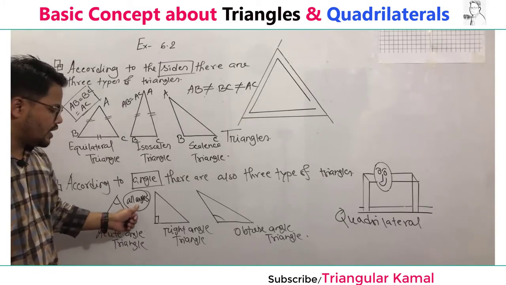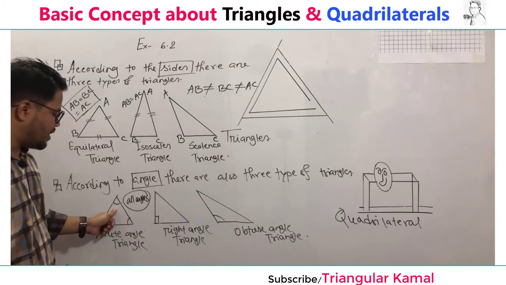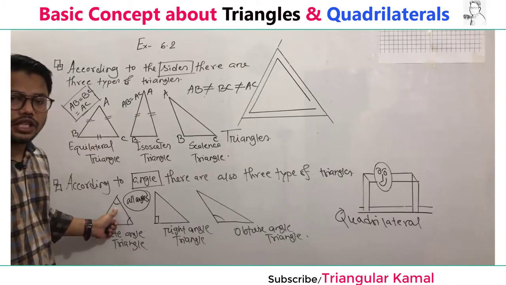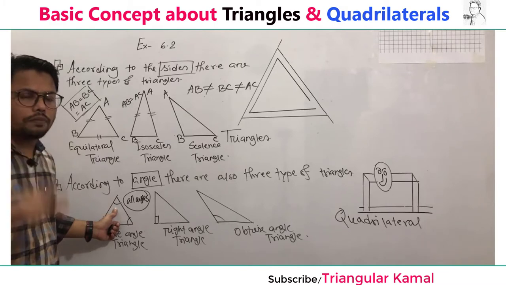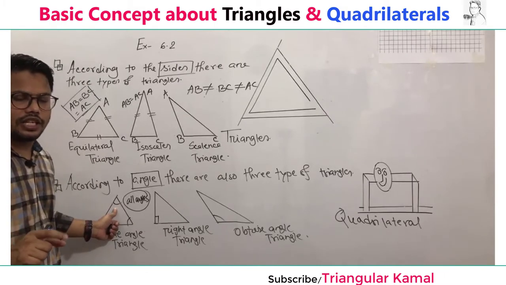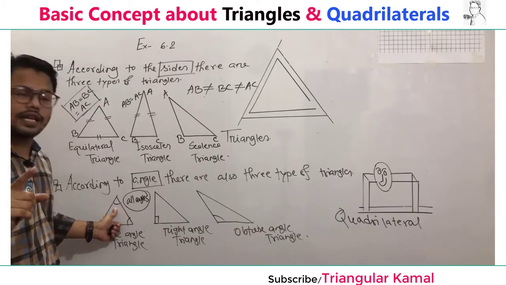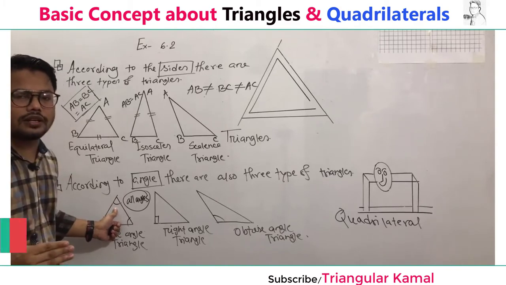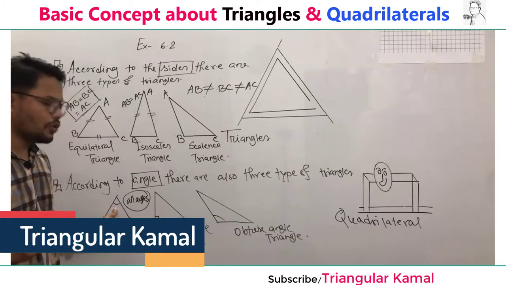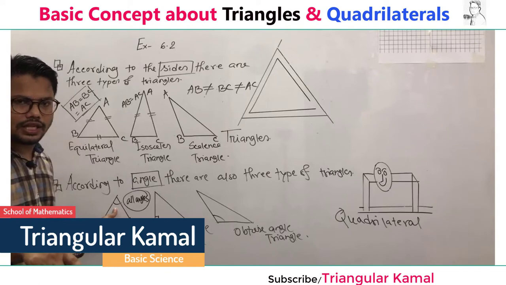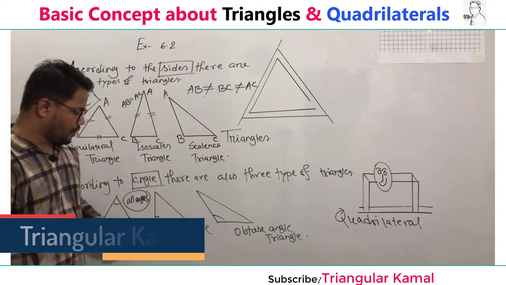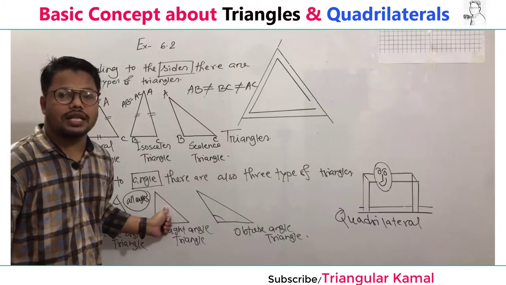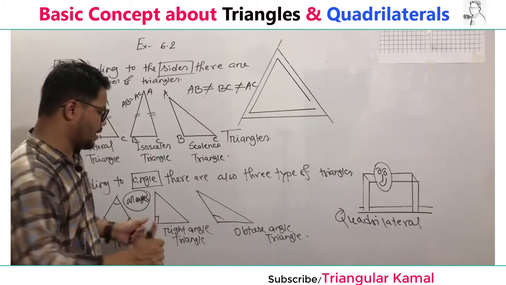When the three angles of a triangle are acute, that means each angle value should be smaller than 90 degrees. Not only one angle, but the three angles individually, their measures will be smaller than 90 degrees. Then this triangle is called an acute angle triangle. But this one is the right angle triangle, only one angle.